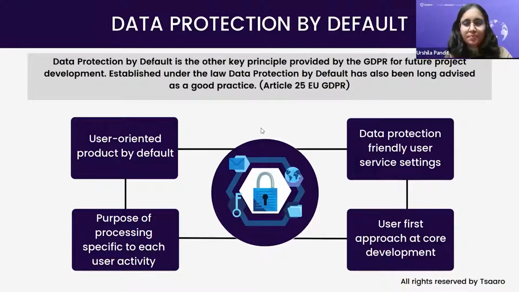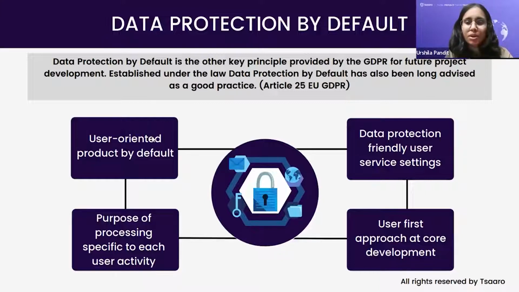So what this means is that when you design your product or your technology or your application, say for example, you keep privacy at the forefront and then you design all of your processes. So it's really putting the consumer or the user's privacy first. That's what it means in layman's terms.